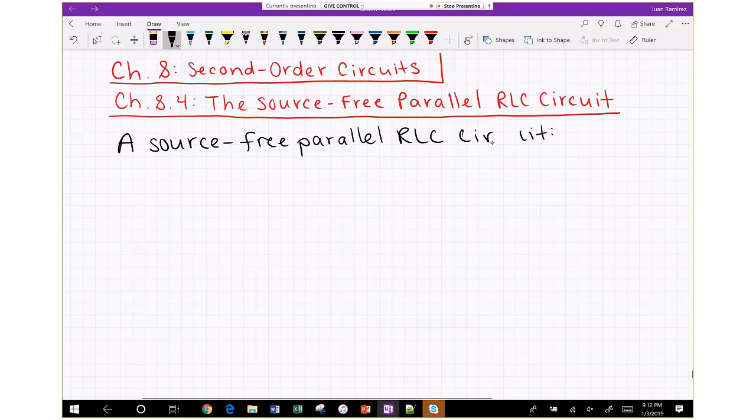And we know that because the circuit is parallel, all the components have the same voltage across them, right?